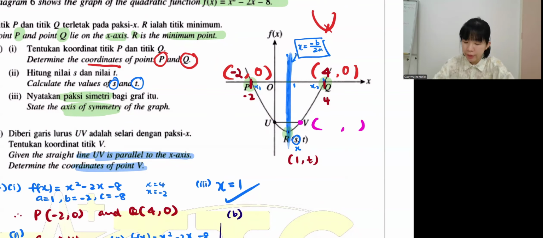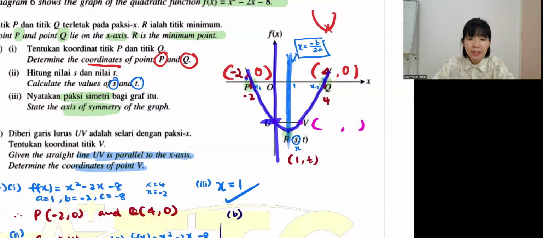Now guys, do we know U is how much? U is the intersection between the graph and the y-axis. So what is U? I want to see anybody can answer this. This is the happy face, this is the graph. This is the y-axis.